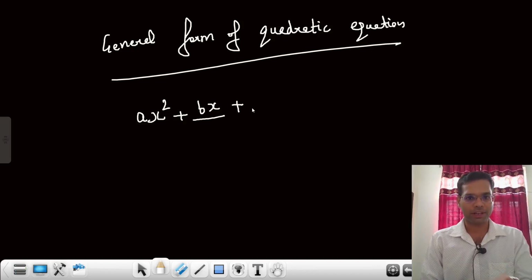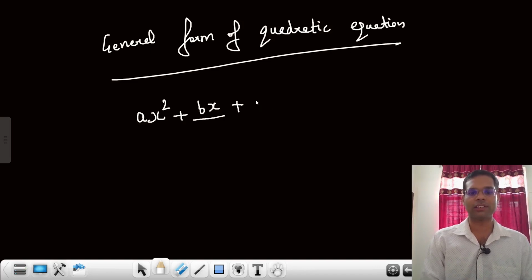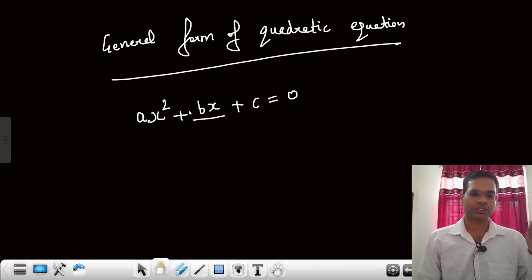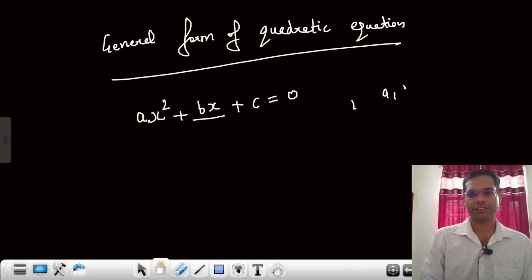Plus any constant number can also be there, and that constant I'm calling c. And if I write the sum of these three terms equal to 0, it becomes the general form of the quadratic equation, where a, b, and c are real numbers.